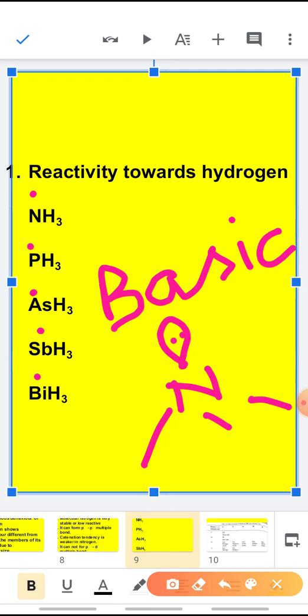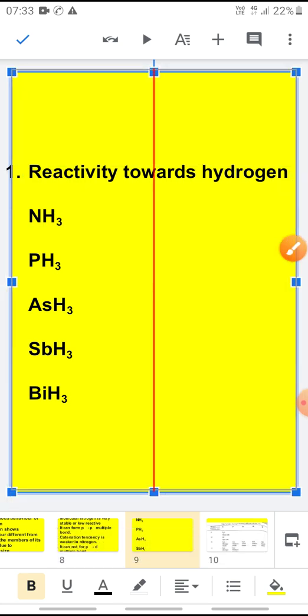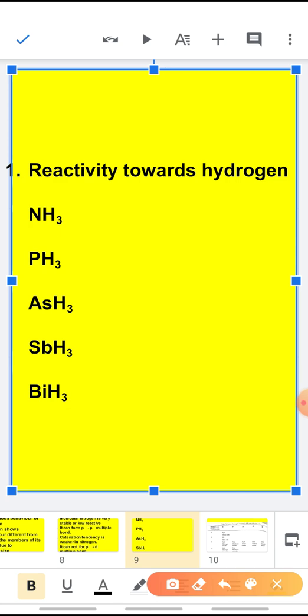Now, we have to study how the basic strength varies from top to bottom. From top to bottom, you can see the size of the atom increases.